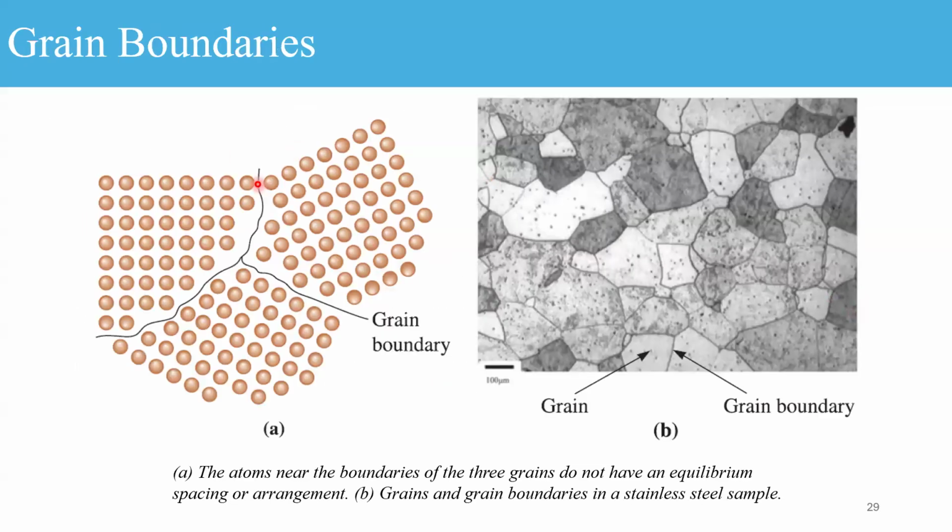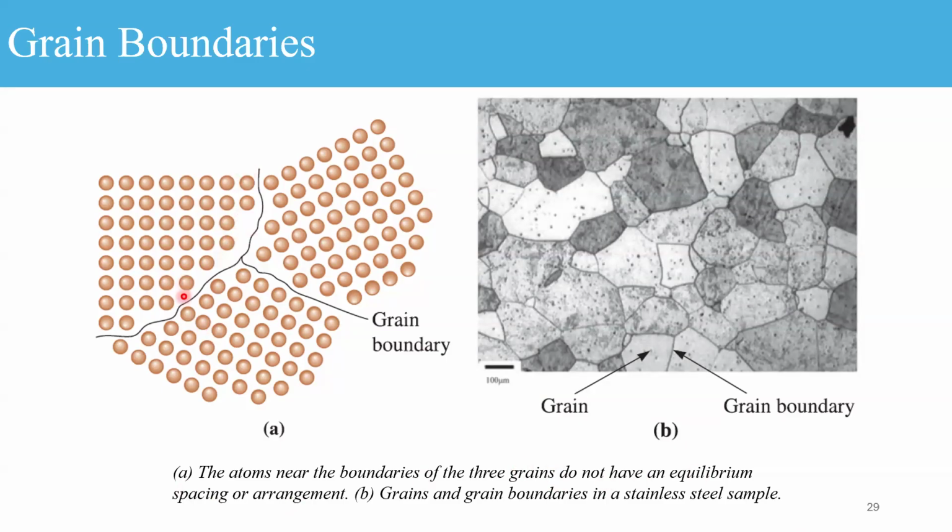To demonstrate that, if you have a material with crystalline regions that are irregularly spaced, they are separated by different boundaries, which are basically a combination of irregular areas. So the atoms near the boundaries of these three grains do not have an equilibrium spacing arrangement.